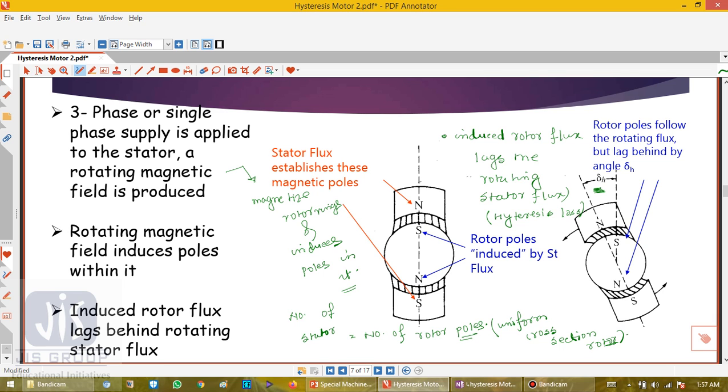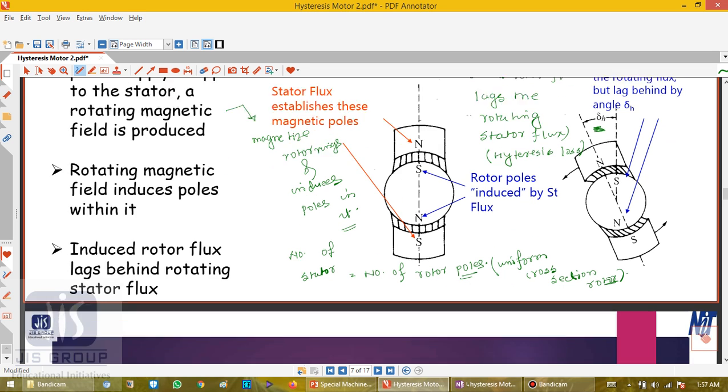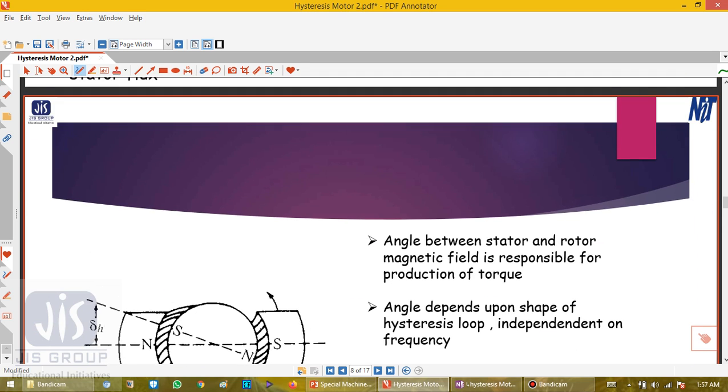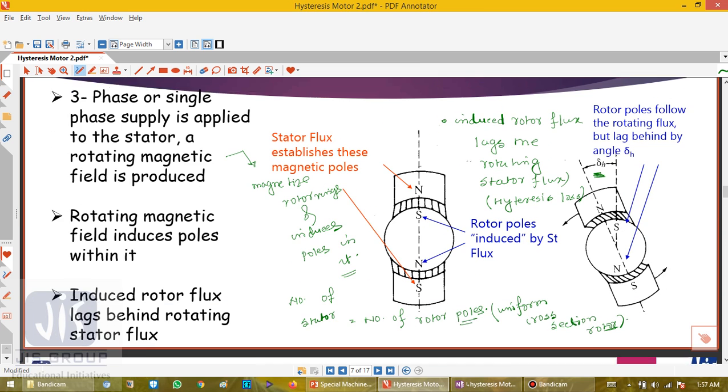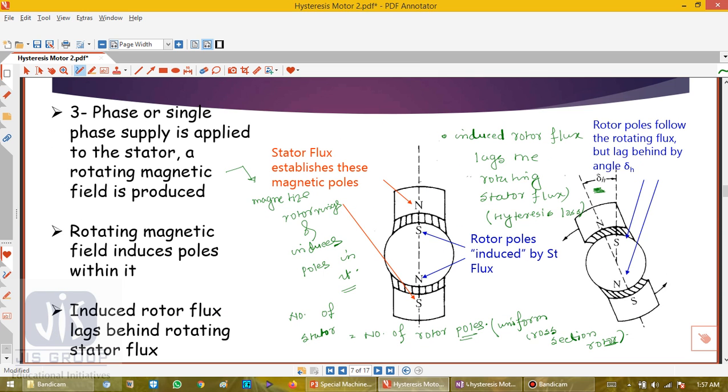Suppose this is my stator field and this is the rotor, and this angle is delta.